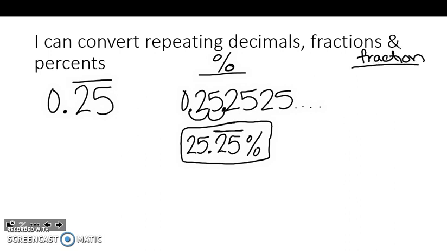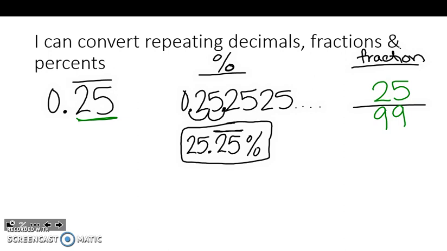All right, so for a fraction, we put the repeating block on top. So we put the 2 and the 5 on top, and then we put the same amount of 9s on the bottom. So there's 2 digits on the top, so we put 2 9s on the bottom. And then you need to type it in and see if it will simplify.